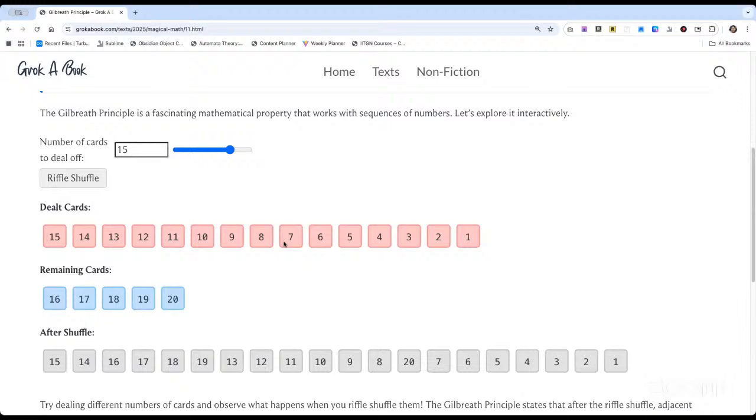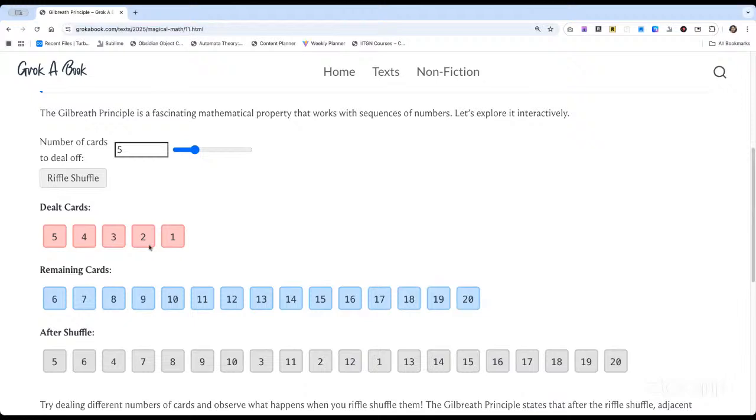I'm thinking. You could take any of the set as dealt cards and remaining cards, no? Okay, huh. No, but these cards are different. I don't know if we can derive, once we have dealt off, let's say, 15 cards versus we've dealt off 5 cards, a permutation that we get out of this.